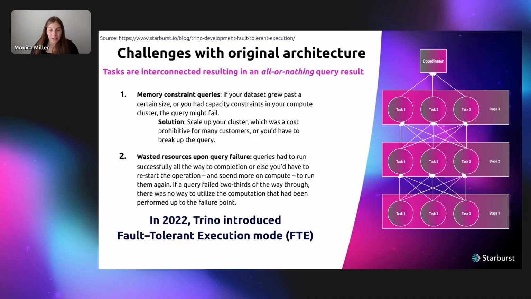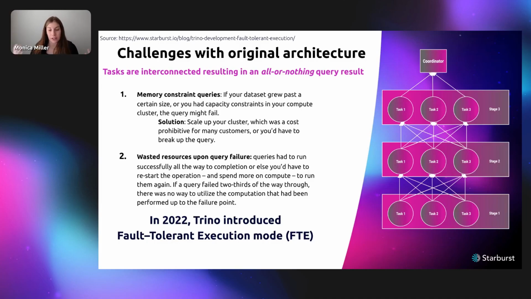You didn't get any of the work done in that time period. So that seems to be one of the issues that people had with the original massively parallel processing architecture. Keep in mind, this was just a very small percentage of people, but it was a challenge that they were seeing in the community. So what did the Trino community do in 2022?